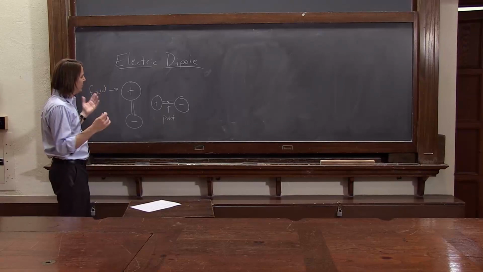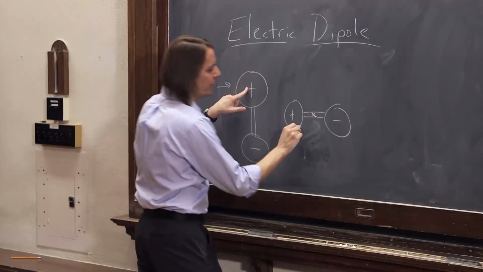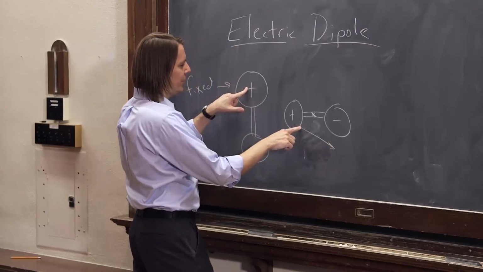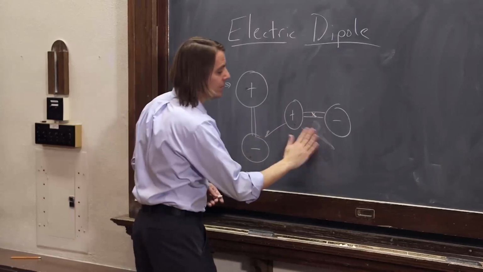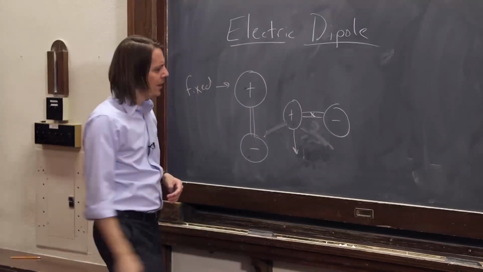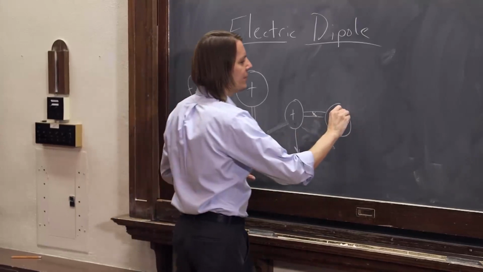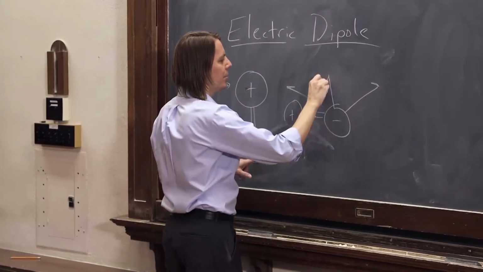So what would this thing do? Let's see. It would feel a repulsive force here, between those two positive charges. It'd feel an attractive force here. So the net force would be down. Together, those would want to push the positive charge down. And then the negative charge would feel a force that way, and it'd feel an attractive force that way. The net force would be up.